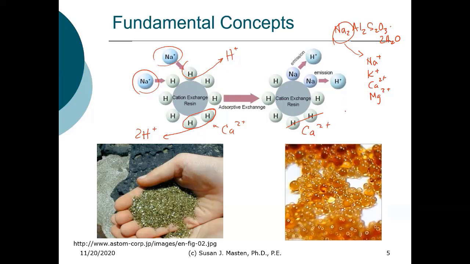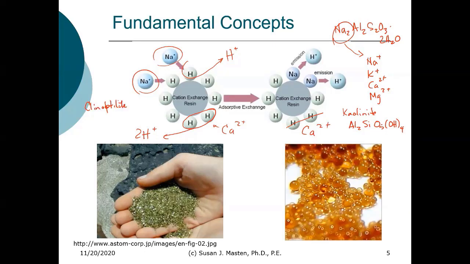So for instance, kaolinite, which is a type of clay, is Al2Si2O5(OH)4. So it's the OH group that is exchanged. Clinoptilolite, another clay material, can be a combination of sodium, potassium, and calcium.